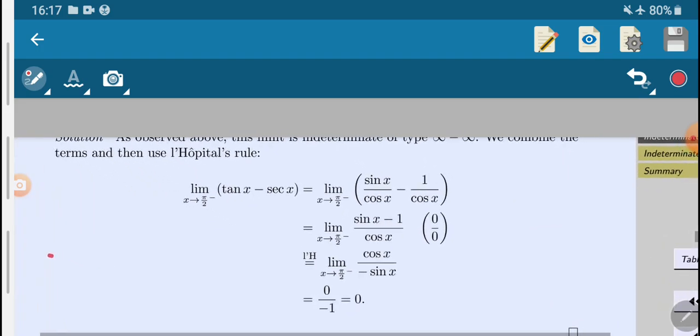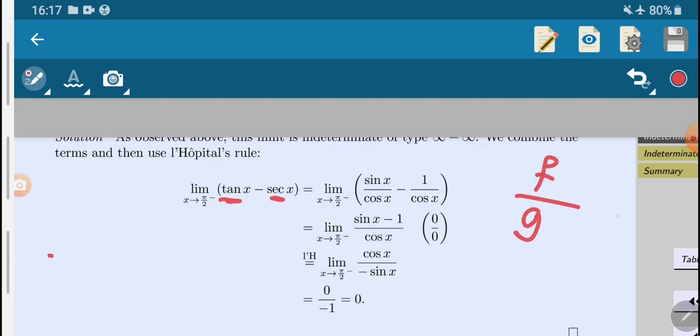We can rewrite it in the form of sine over cosine instead of tangent, minus 1 over cosine instead of secant. It becomes sine minus 1 over cosine. Sine minus 1 is f, cosine is g. L'Hopital is allowed.